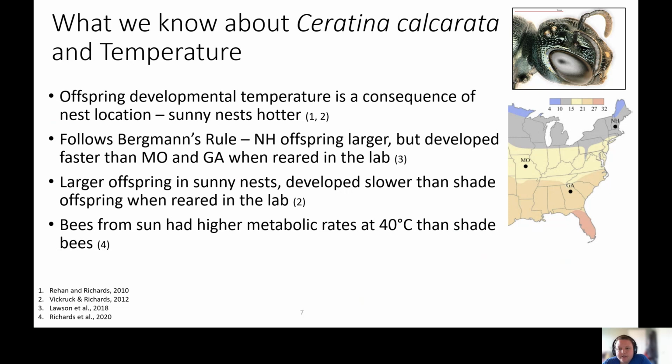So the objective of my study was to investigate the mechanisms of the temperature size rule in mass provisioning bees, and I hope to clarify the seemingly contradictory observations of large, more slowly developing offspring that had higher metabolic rates than shade bees.